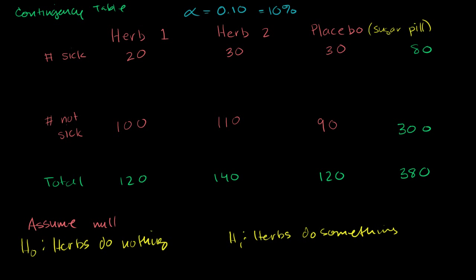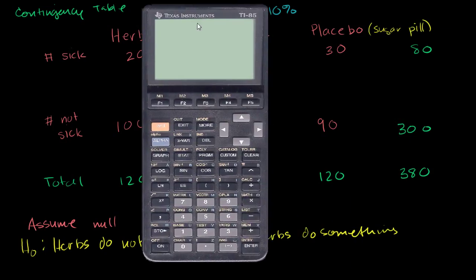Over here, we have 80 out of 380 who got sick. I want to be careful: I said the word population, but we haven't sampled the whole universe of all people taking these herbs. This is a sample. I was using population in the conversational sense rather than the statistical sense. But anyway, of our sample, we're using all of the data because we're assuming there's no difference.